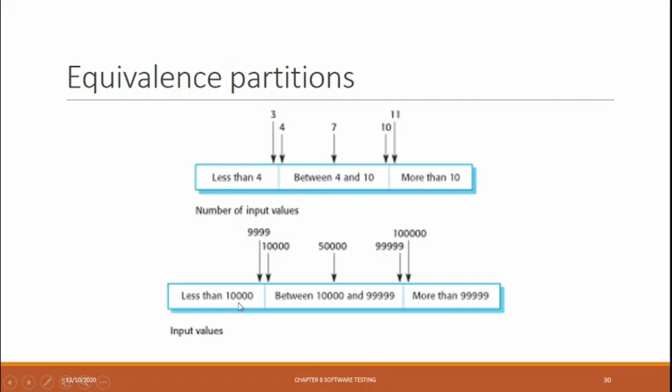Less than 10,000, up to 9,999, falls in this partition, and between 10,000 and 1 lakh falls in this partition. Sorry, from 1 lakh and more falls into this partition. So this is the example they have given to better understand how the input will be partitioned to check the component.